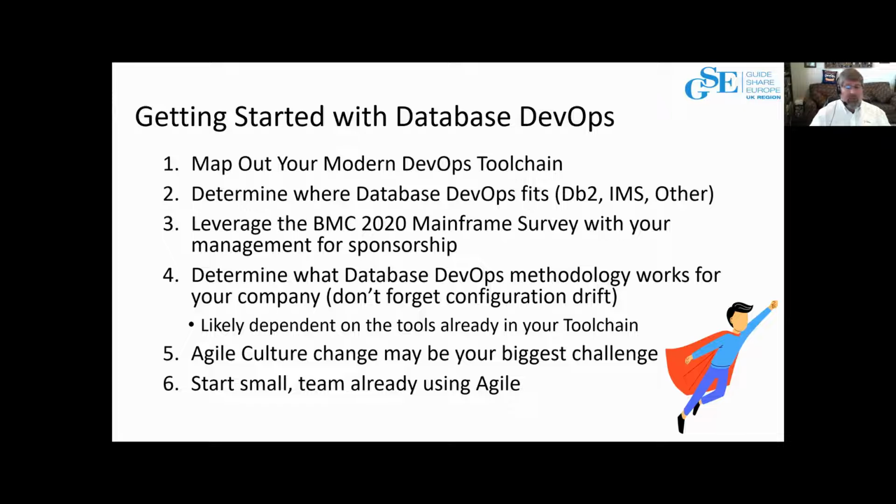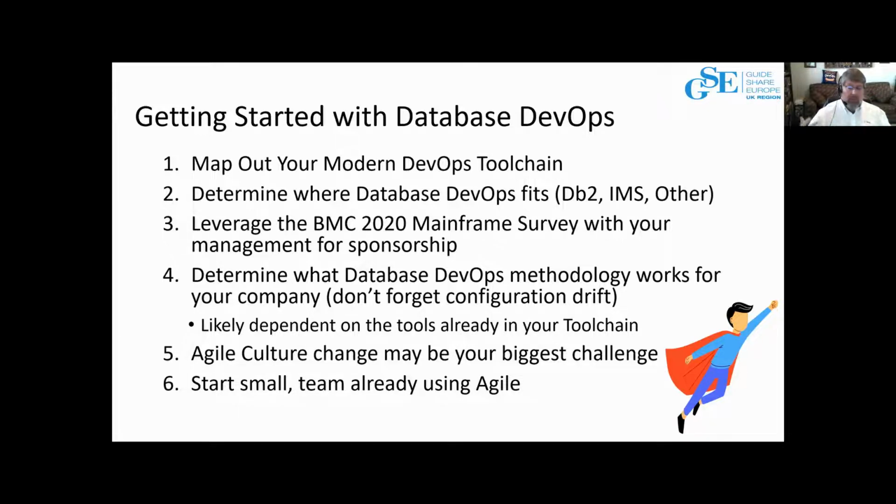So your solution there is very, very different. The one that Broadcom was showing recently looks to be kind of more similar to BMC, but I'm not an expert on their solution. So when you look at your DevOps methodology, look at the tools that you have, look at how you guys typically do automation and CI/CD work, and then you can start figuring out how to draw that in and what methodology you want to work.